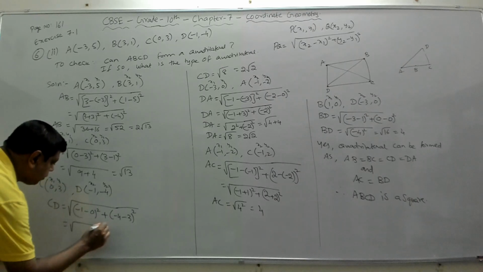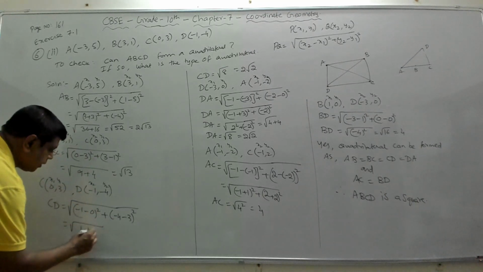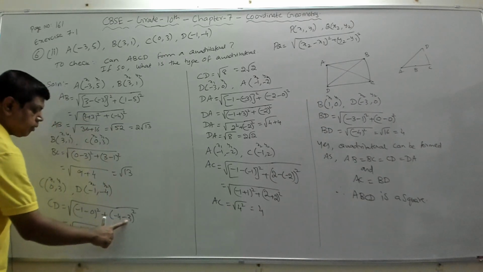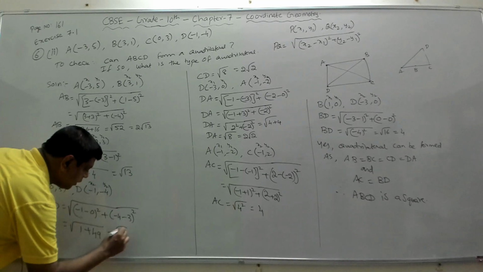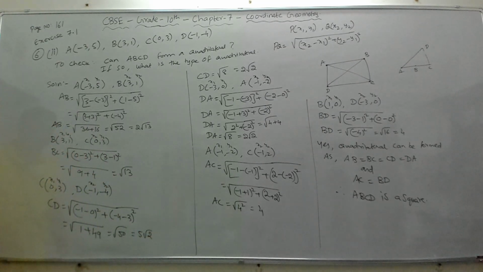So that gives you square root of 1 square is 1, plus minus 4 minus 3 is -7, -7 square is 49. So you get square root of 50, and 50 can be written as 5 root 2. So your CD is 5 root 2.